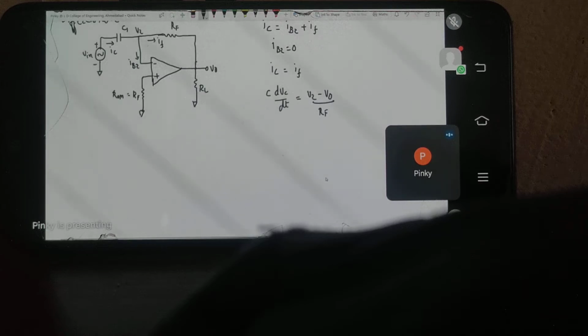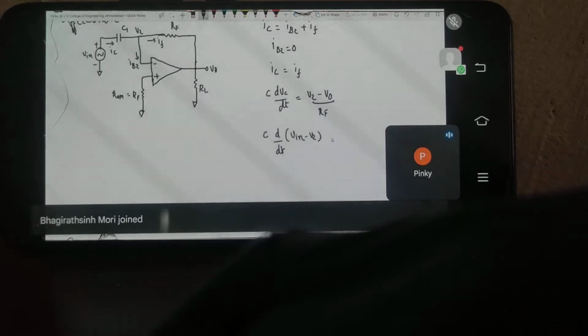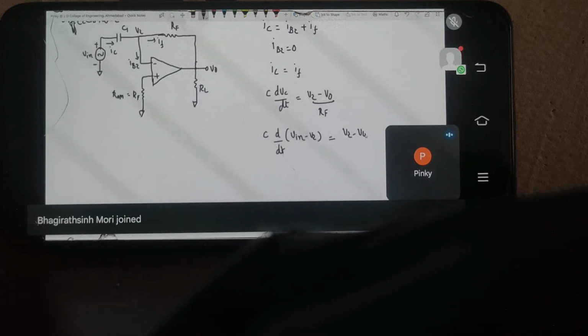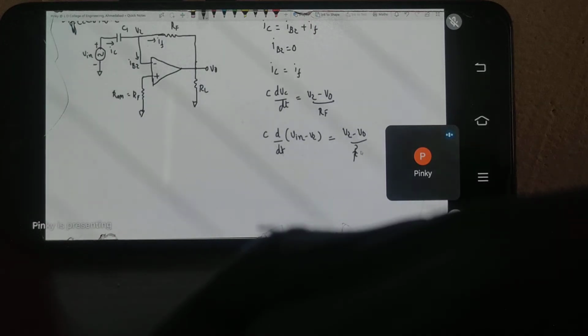And then the capacitor voltage is V1 minus V2. Now take V2 as 0. So your output formula is minus RF C1 dV1 by dt. Here you put C1 because we are going to connect the resistor, capacitor and resistor in the practical differentiator circuit.